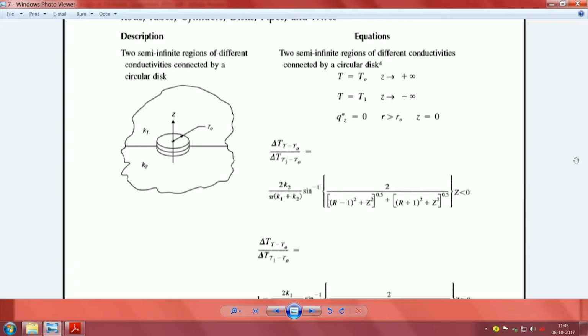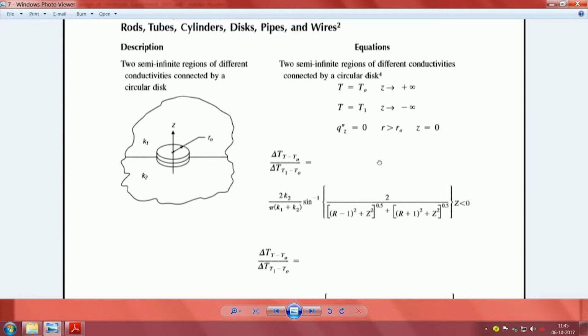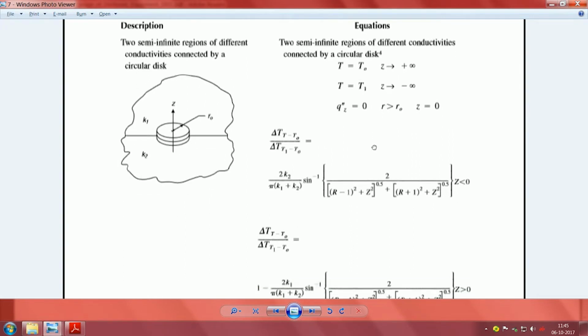So, if you see here, once again coming back to this point, the issue being different conductivity is connected by a circular disc. Where do you have this conductivity problem? Because in between you may end up with small thin washers. Long ago we were using so called mica washer, with or without heat sink compound.